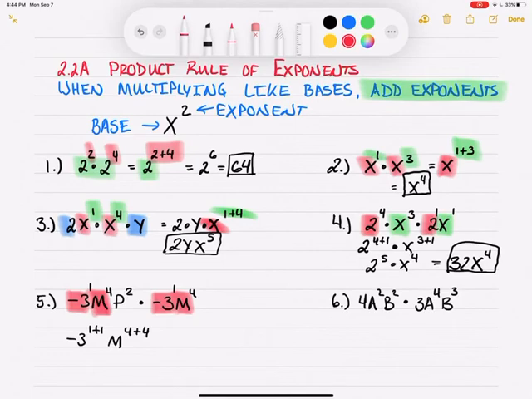Then I have p but no like base, so I'm just going to write it down right beside it. This becomes p squared, and there's nothing to contribute to that. So this is what we have. I have negative 3 squared times m to the 8th times p to the 2nd. And negative 3 squared is going to become 9 m to the 8th p to the 2nd power.